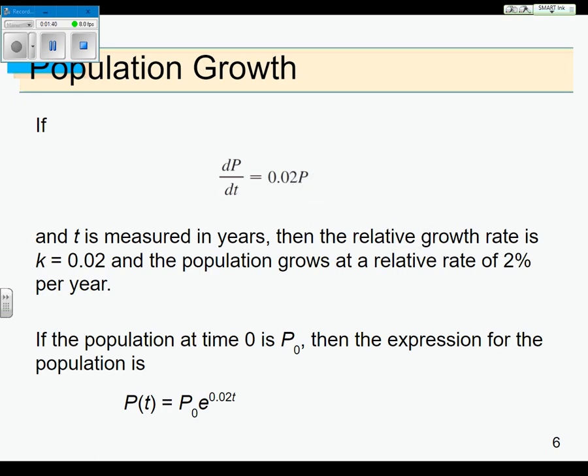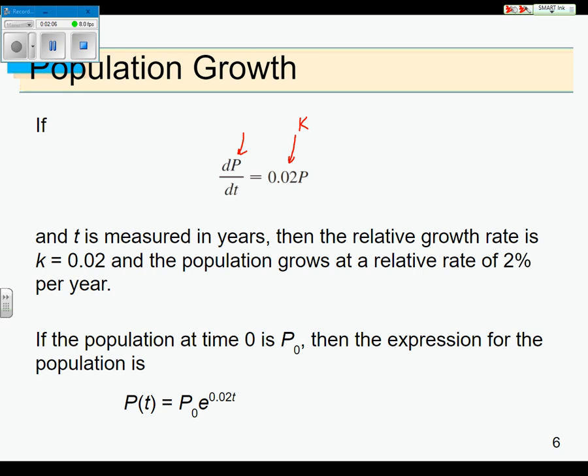So if I'm trying to differentiate my population with respect to time, this 0.02 would be my growth factor, k. So it's growing at a rate of 2%. And I would just multiply that by my population at whatever time I'm interested in. And that would tell me the instantaneous rate of change of the growth.